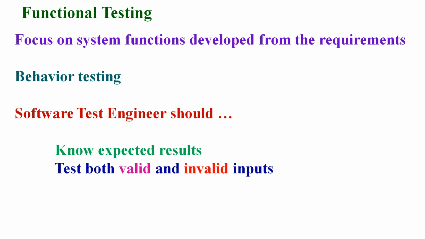Before performing functional testing, the software test engineers should know the expected results of each and every functionality. If the software test engineer wants to test a particular functionality, they have to know the expected results. The expected results are always derived from the requirements. This we have already covered in the previous sessions, right?